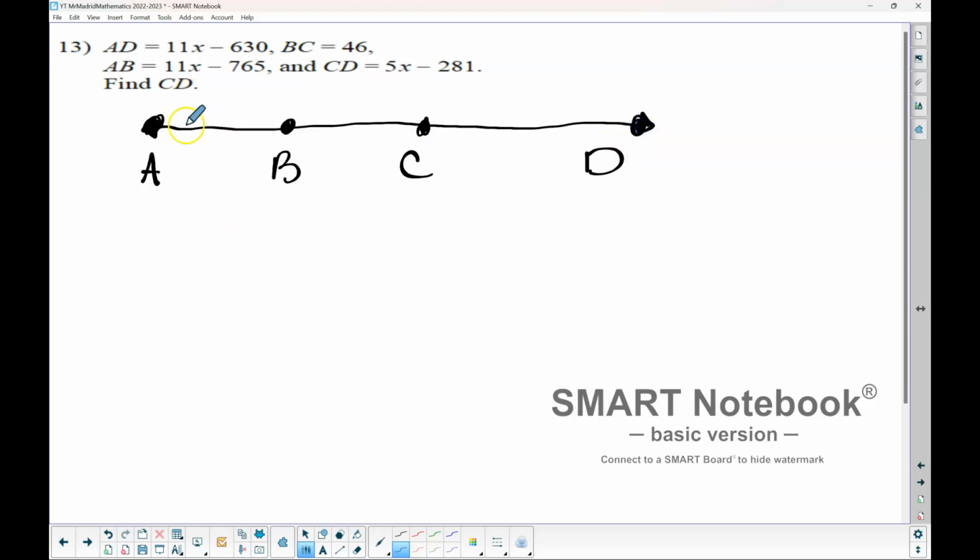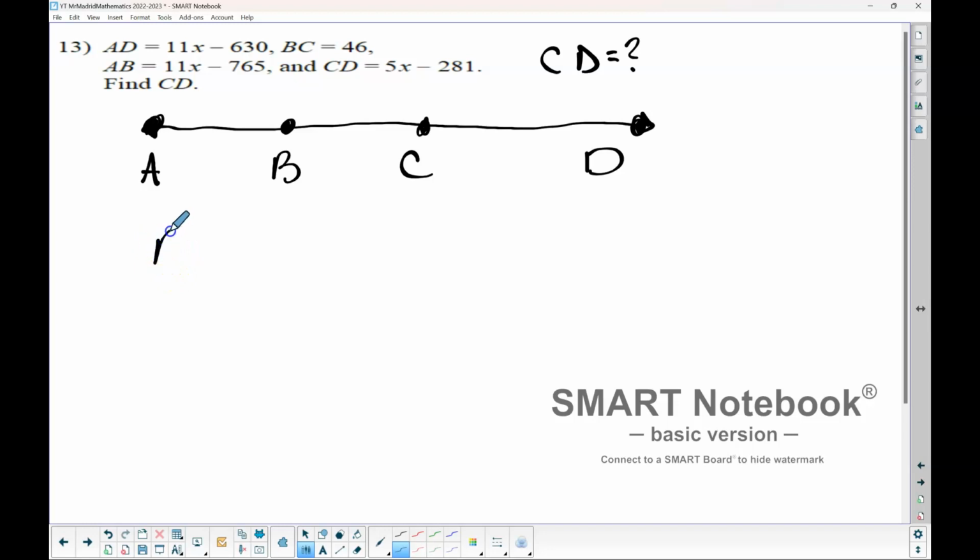So we know that AB plus BC plus CD will equal AD. That's good to know. They want CD. So let's just start plugging in here.